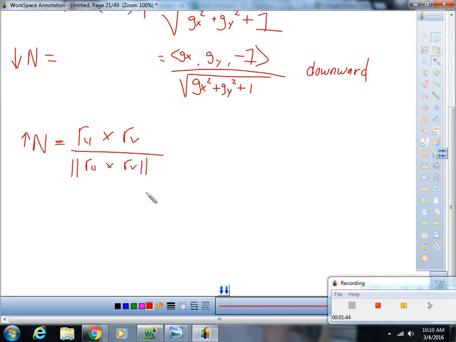Hopefully you recognize these from our prior things. And if you want the n downward, this one was upward.